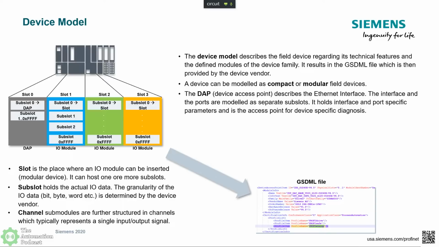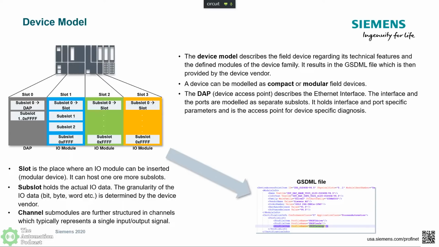Talking about an interface, here you bring in all the network parameters like device name, IP address, and all that stuff. For your question, the device access point submodule is not the interface submodule, but usually it's modeled like that: on slot 0 you have the device access point, plus the interface submodule and the port submodules.